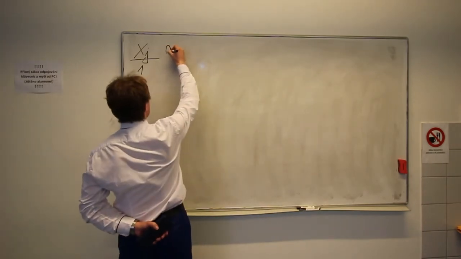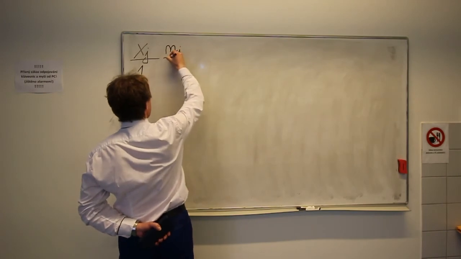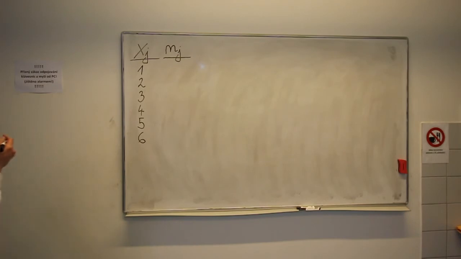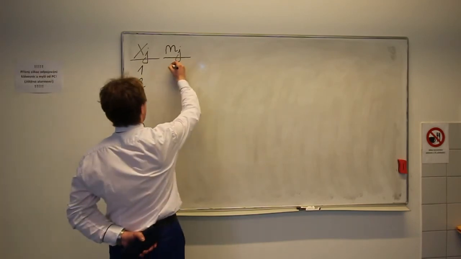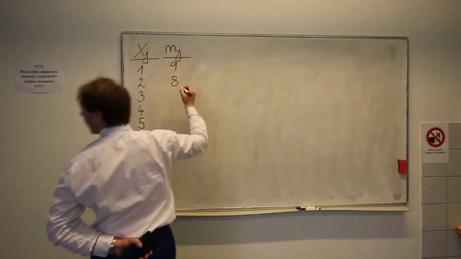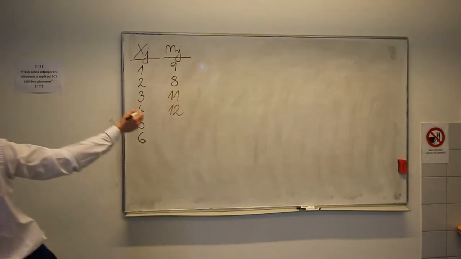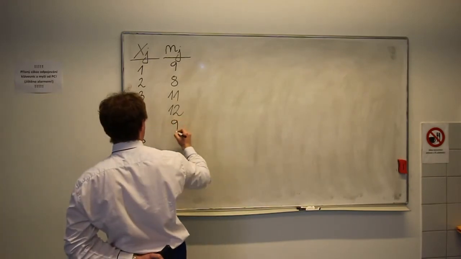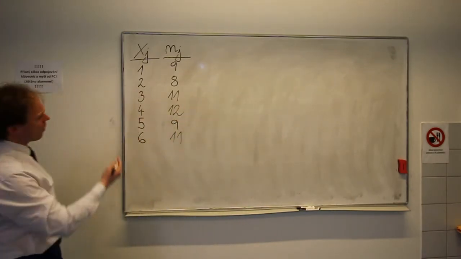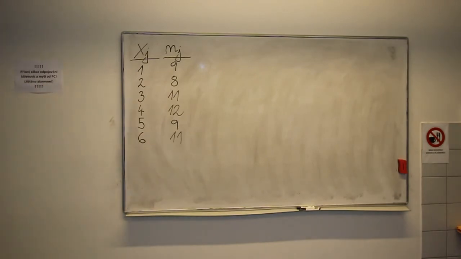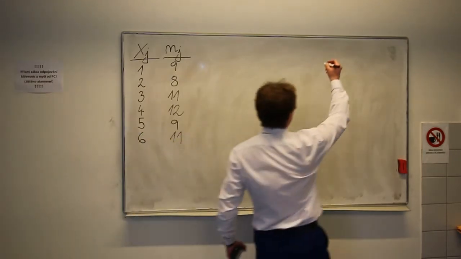And we have here nj, the empirical frequencies: 9, 8, 11, 12, 9, 11. This was written in our example, and now I will set the zero and alternative hypotheses. So what is written in the case of the zero hypothesis?